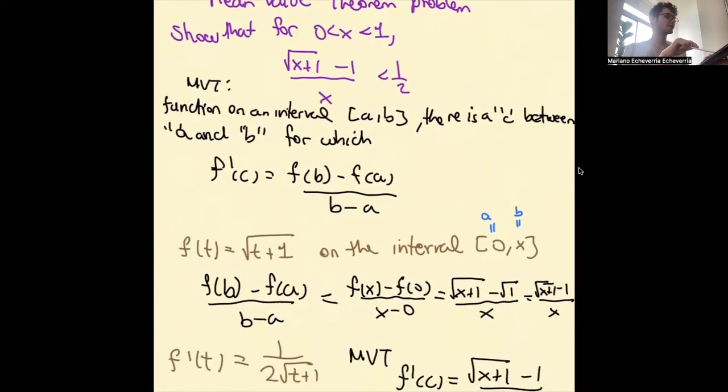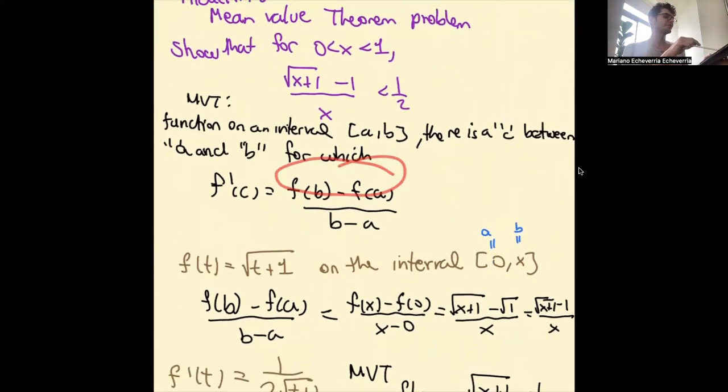Because if you look at the statement of the mean value theorem, you're equating the derivative with a ratio, right?